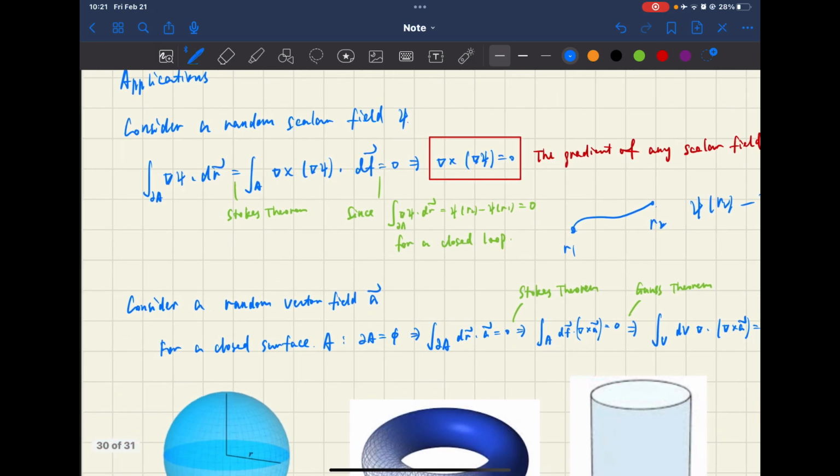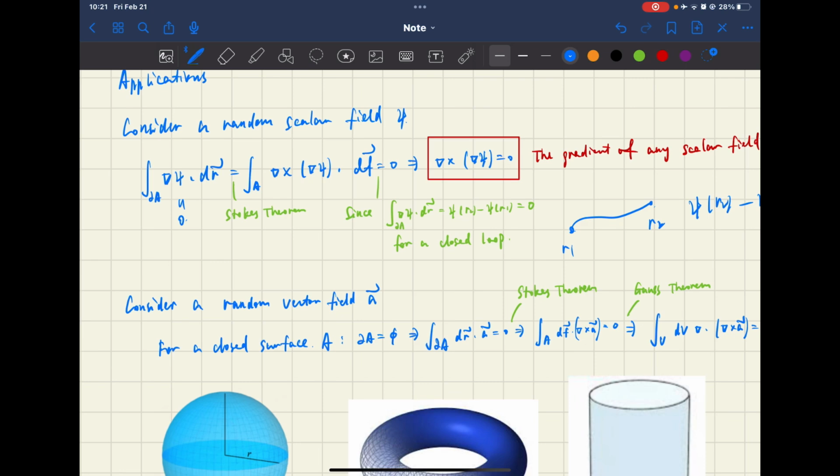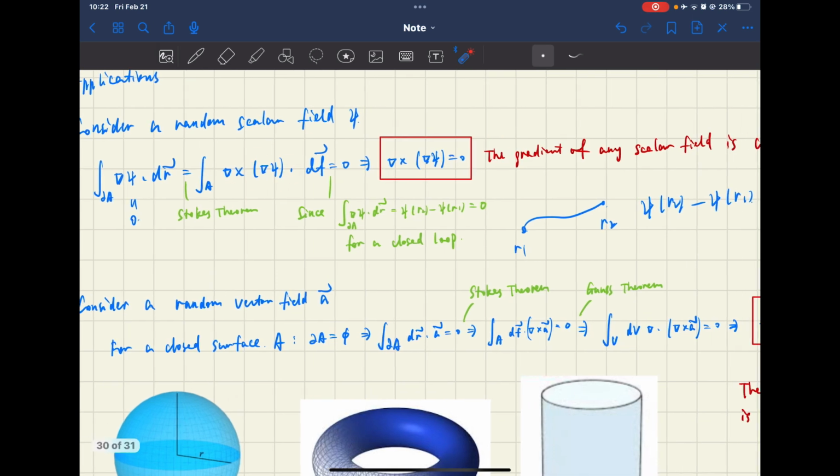So this integration will be zero for a closed loop, and using Stokes theorem, we can turn it backwards, increasing the dimension from a one-dimensional thing to a two-dimensional thing, and over a surface, over an area, we can obtain this stuff inside.